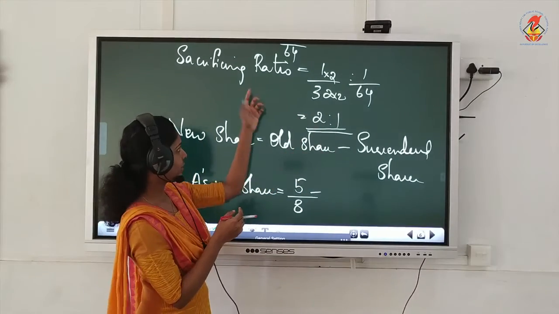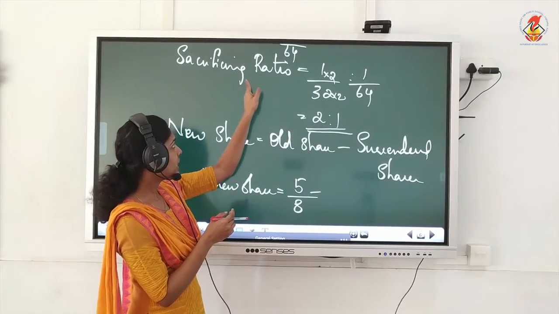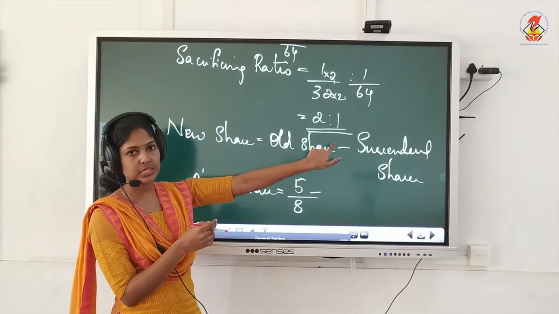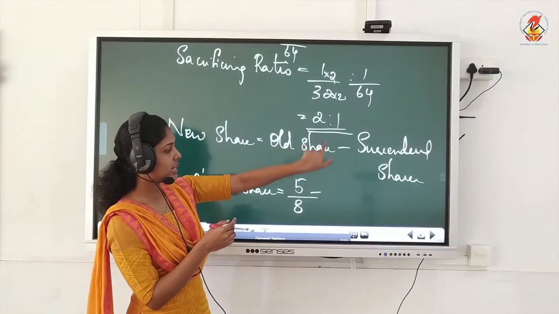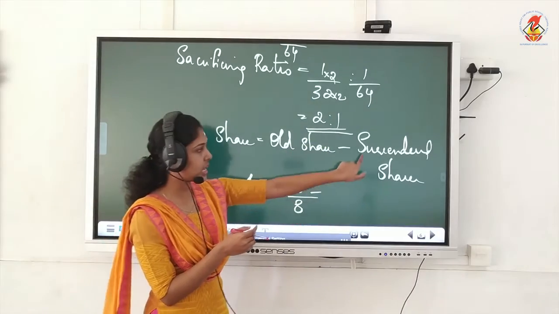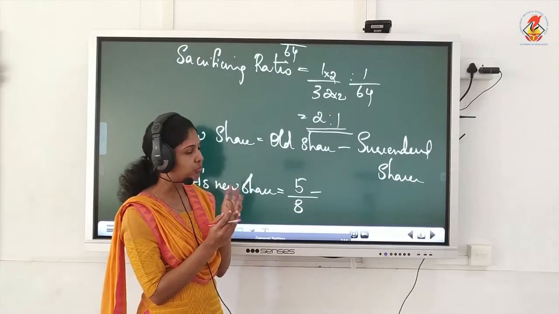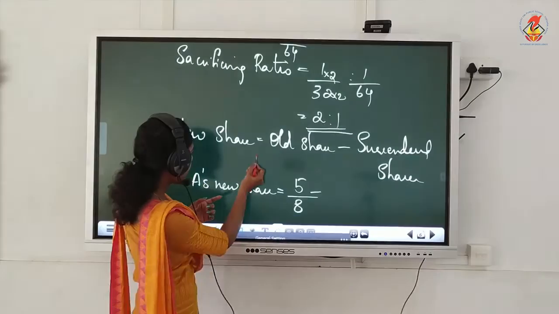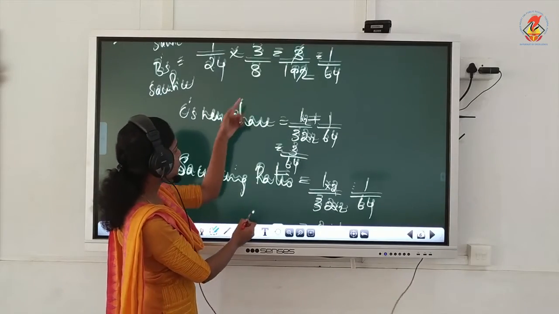what is A's surrendered share? Surrendered share or sacrifice share both are same, but here we have sacrificing ratio just like in the previous question. What did I tell you? Can we directly take 2/3 as the surrendered share? No, you have to take the actual proportion. What was A's sacrificed proportion?